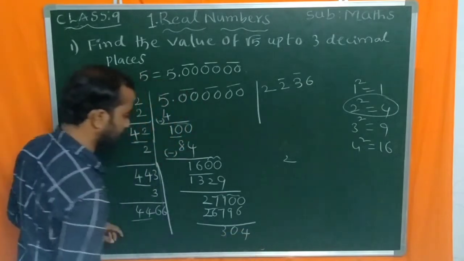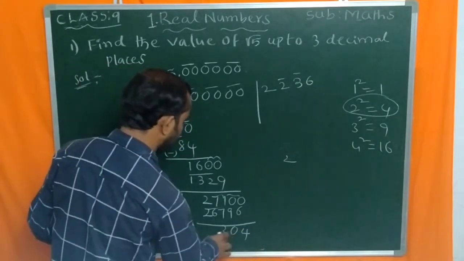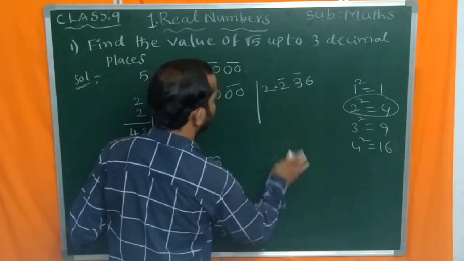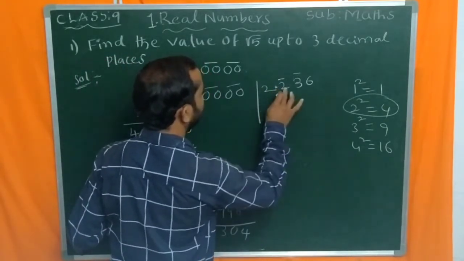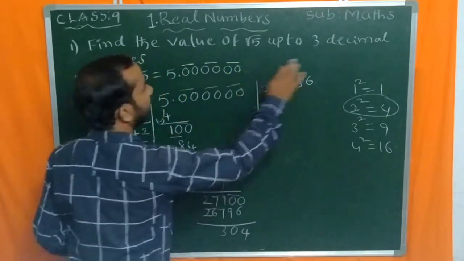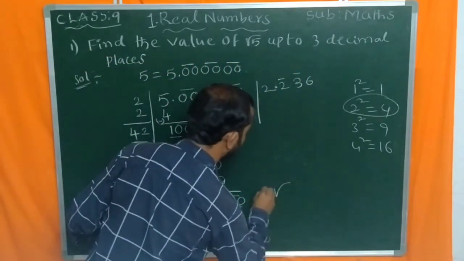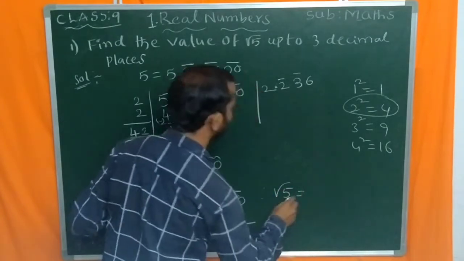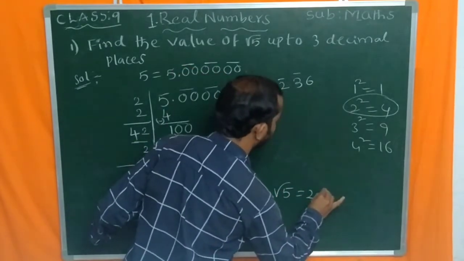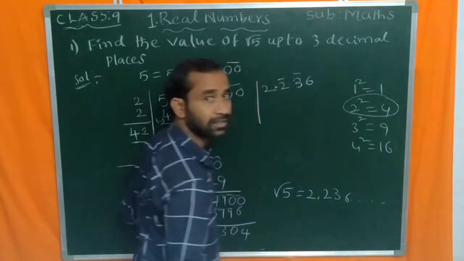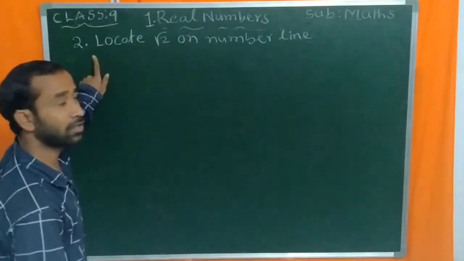So the remainder is 304. After the decimal we need 3 digits. So root 5 equals 2.236 and so on. Okay.